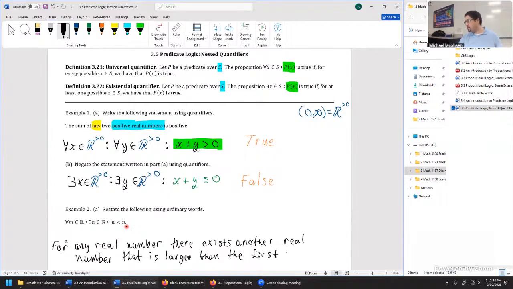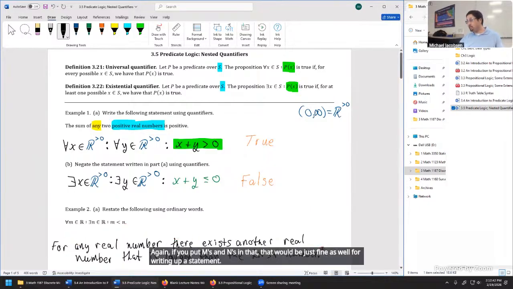I'll say the first number. Again, if you put m's and n's in that, that would be just fine as well for writing out the statement. I kind of like it read out this way.